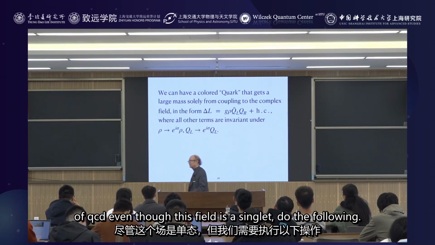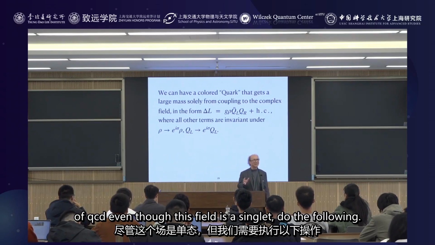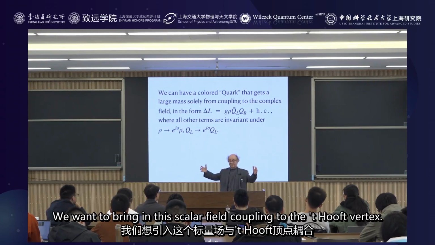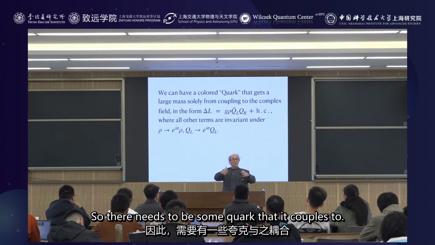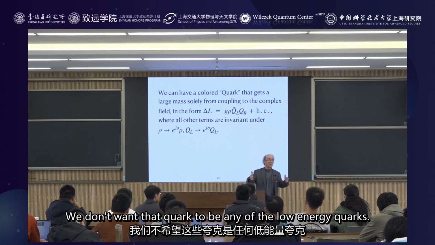And finally, to make this connect with the theta parameter of QCD, even though this field is a singlet, do the following. We want to bring in this scalar field coupling to the 't Hooft vertex. So there needs to be some quark that it couples to. It's going to get a big vacuum expectation value, so we don't want that quark to be any of the low energy quarks.